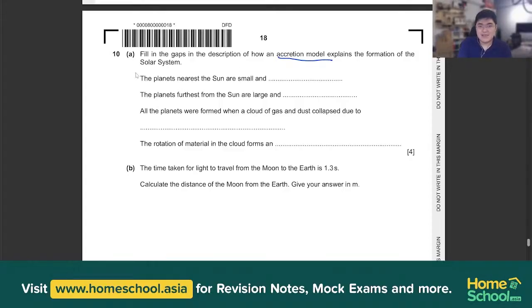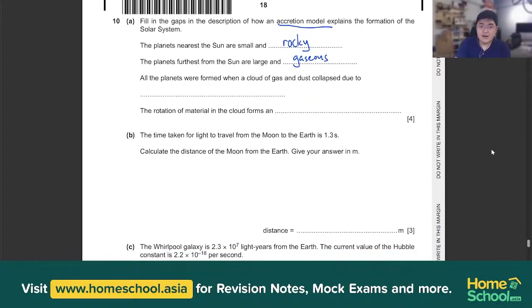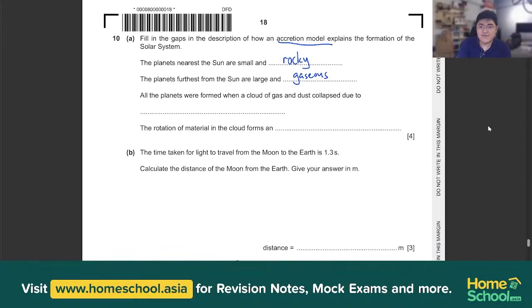So basically, in this model, the planets that are closest to the sun are small and rocky, while the planets further away from the sun are large and gaseous. And all the planets are formed when a cloud of gas and dust collapse due to gravitational force.